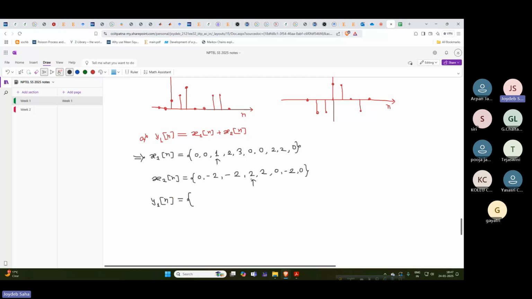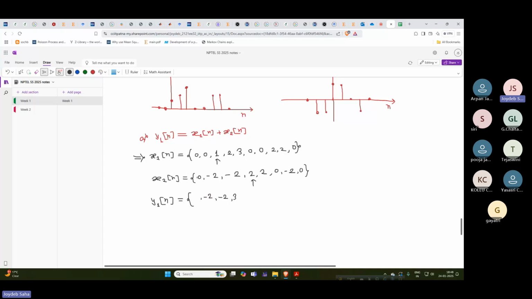This is index 0, this is index 0. So at 0 it will be 3, right? 1 plus 2 is 3. This is index minus 1, minus 2. This is 0, minus 2, it will be minus 2.